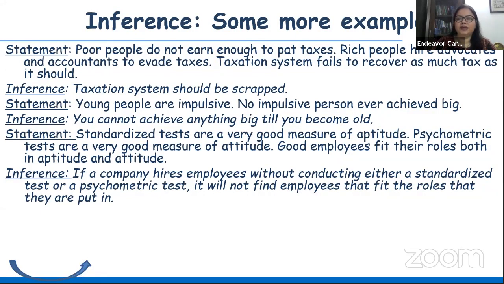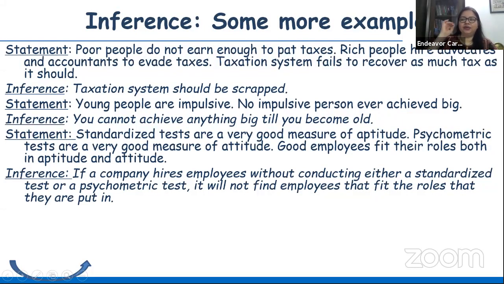If you clear an aptitude and an attitude test, you are a good employee who fits the role, correct? Someone who clears aptitude and attitude is a good employee, a fitting employee, someone who fits the roles. Now, what is the inference here? So what's the cause?